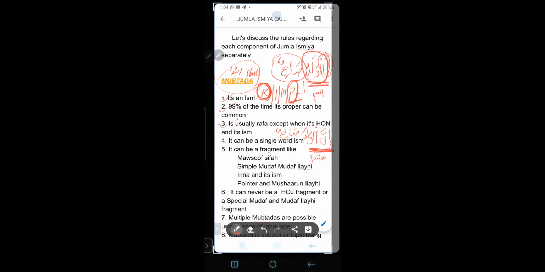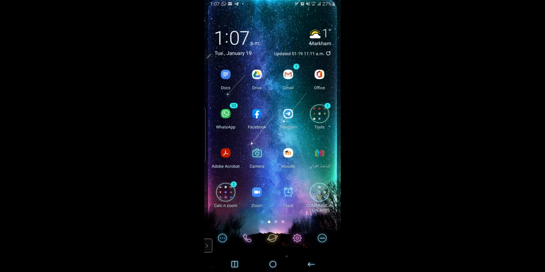But we know that in the place of this single ism, a fragment can come. Now, how is that possible? Let me share my whiteboard with you so that we can see how it goes.